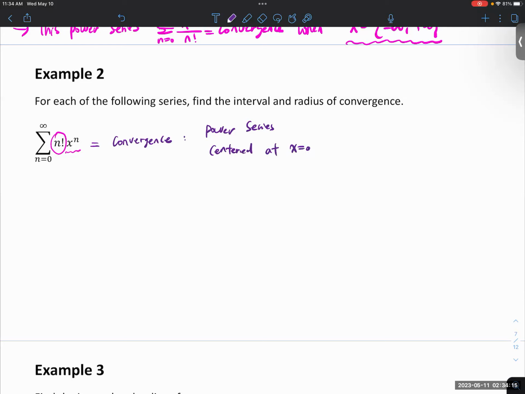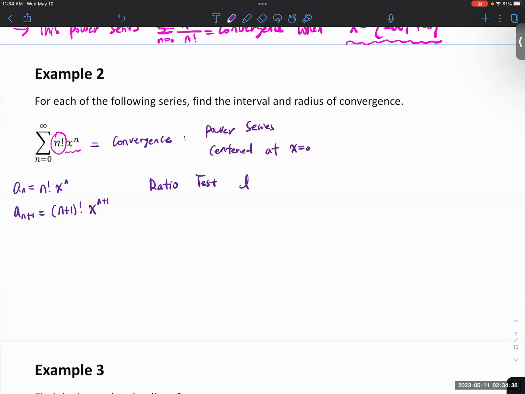So we know a_n. We're going to utilize the ratio test. We have a_n as n factorial x to the n, and a_(n+1) as (n+1) factorial x to the n+1. We good? The ratio test helps us find out the p.